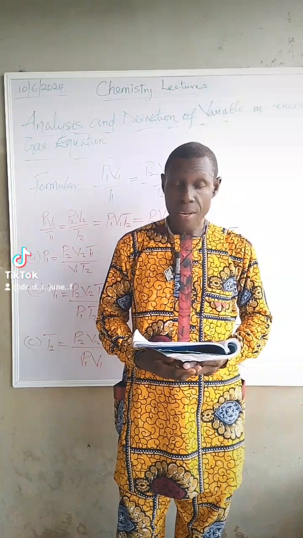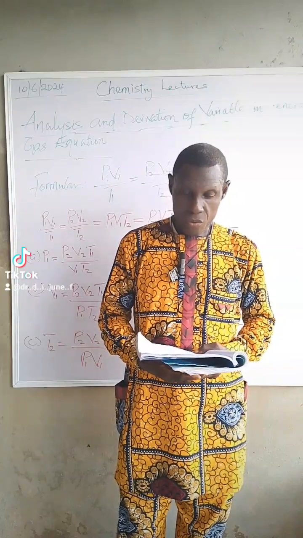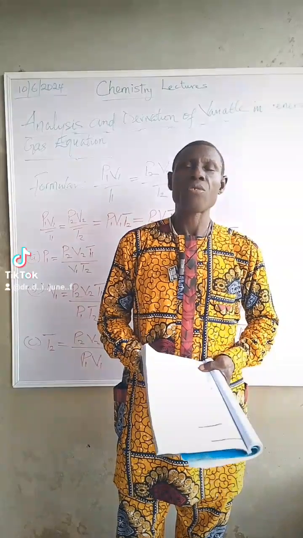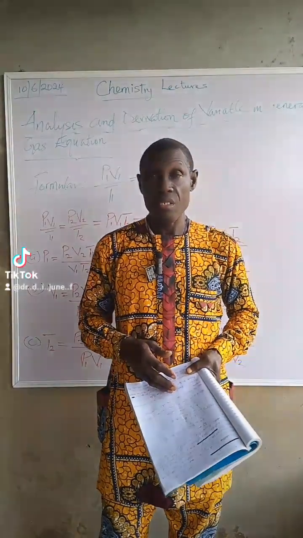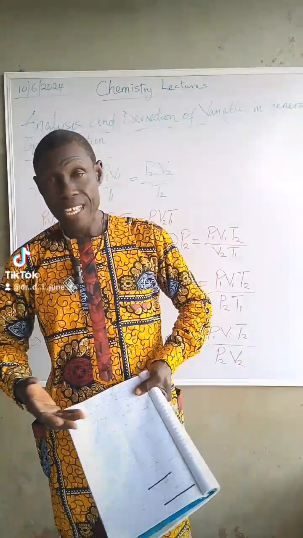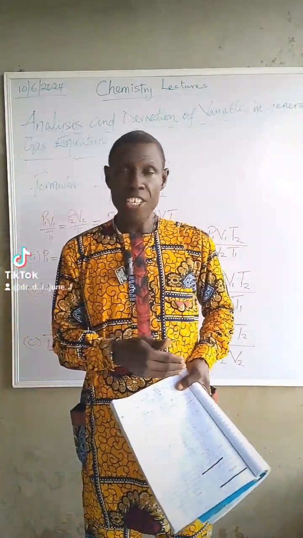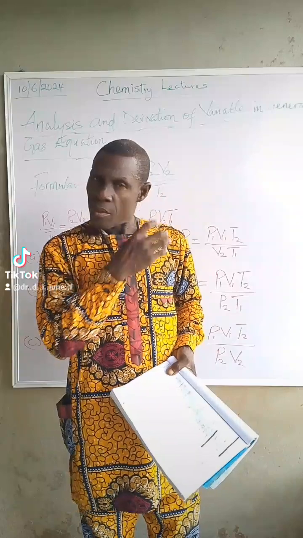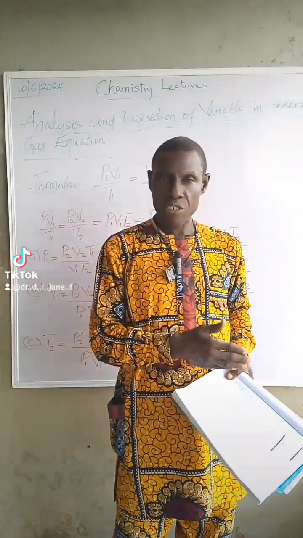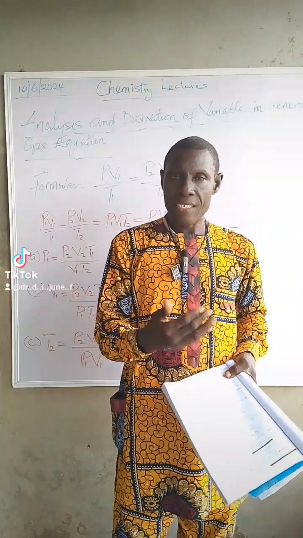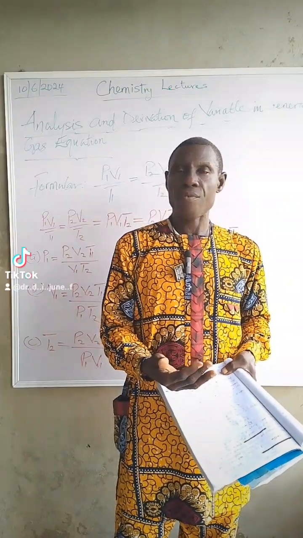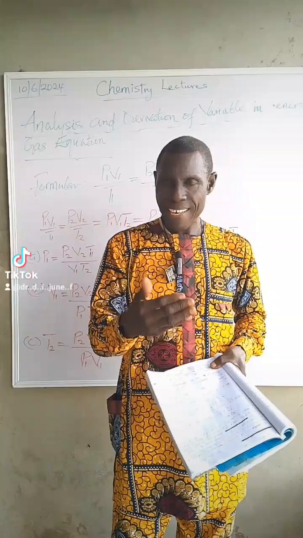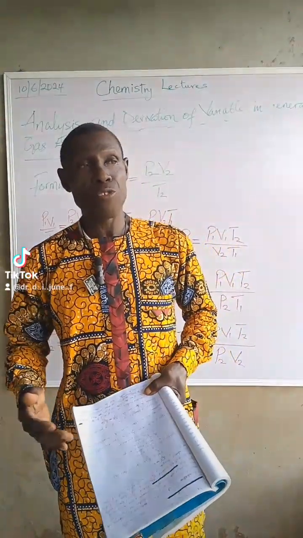Our last lecture was on the general gas equation. I told you the general gas equation is derived or obtained by the combination of both Boyle's law and Charles's law. We define the general gas equation by saying that it is the product of the pressure and volume divided by the absolute temperature.